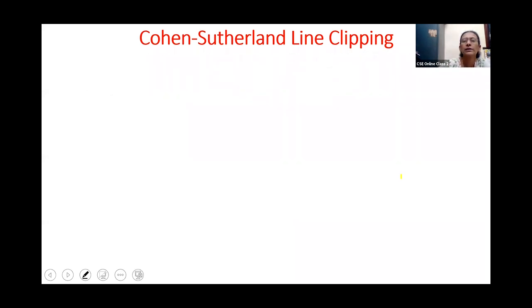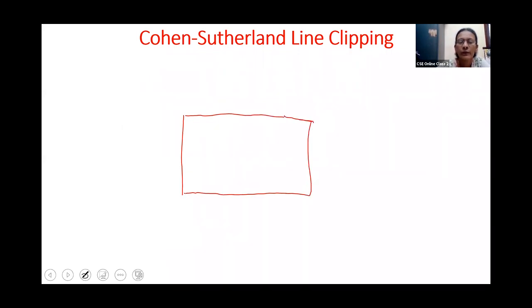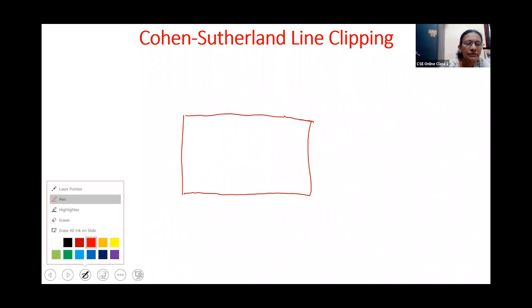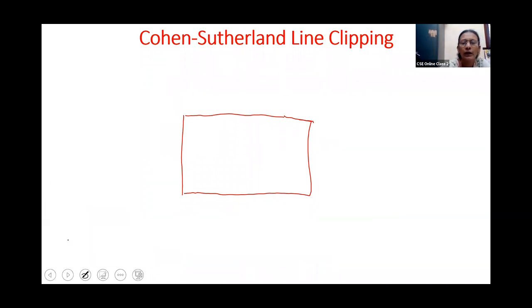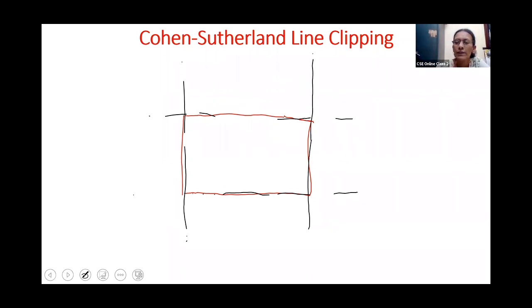Now, say this is our clipping window. It is defined by four boundaries: this is the lower boundary, this is the upper boundary, this is the left boundary, and this is the right boundary. The Cohen-Sutherland algorithm extends these boundaries infinitely.